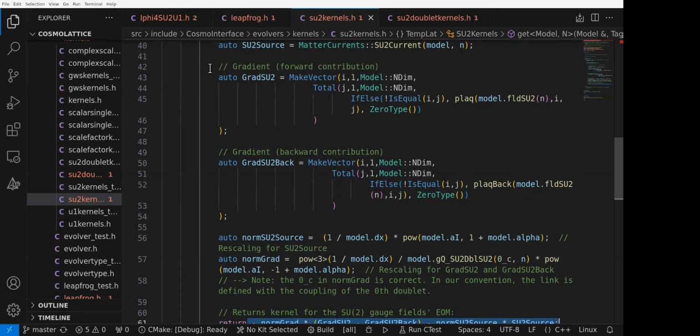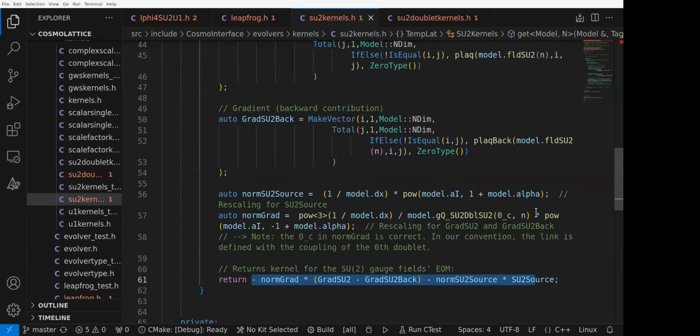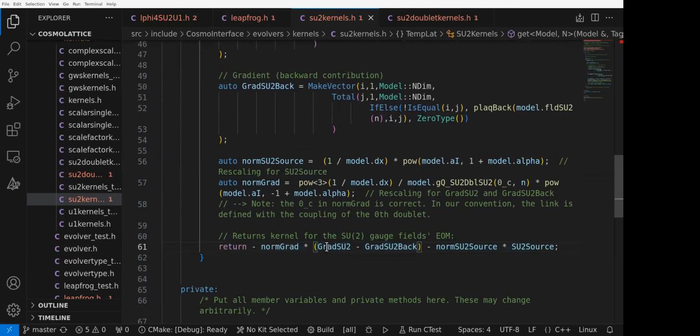So in total, in one line of equation, we are returning kernels for nine different components, because every vector field has 3 non-trivial entries, as it's a matrix with 3 fields per matrix, and you have 3 of these vector fields. So this is really 9 equations returned in a single line.